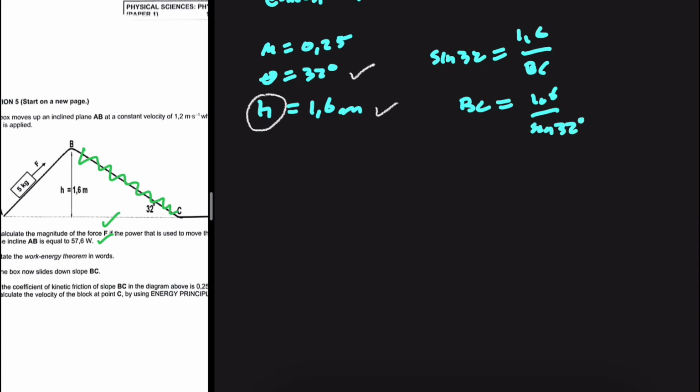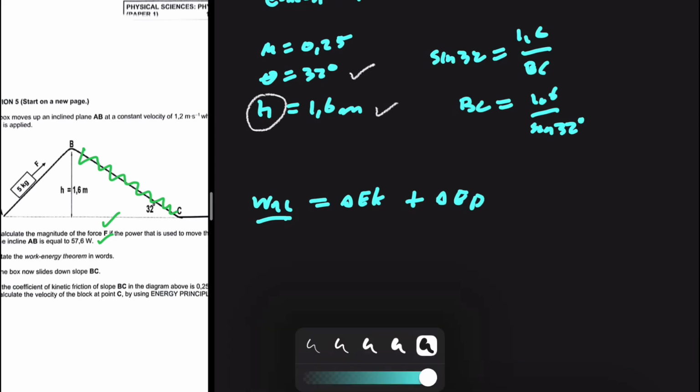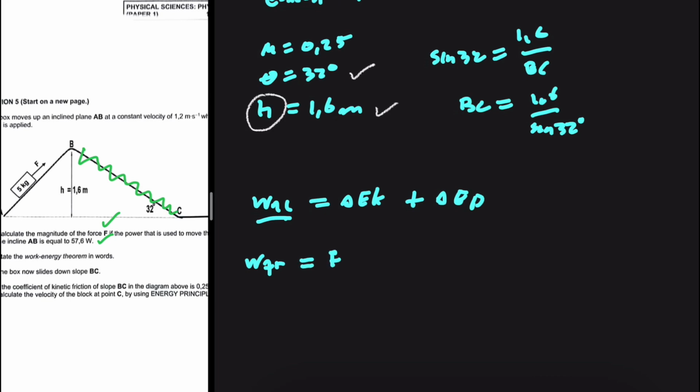Let's see if we can use work non-conservative. So this will be equal to the change in kinetic energy plus the change in potential energy. Which non-conservative force is acting on our object? It is the frictional force. So the work done by friction will be equal to Fr multiplied by delta x multiplied by cos of 180.